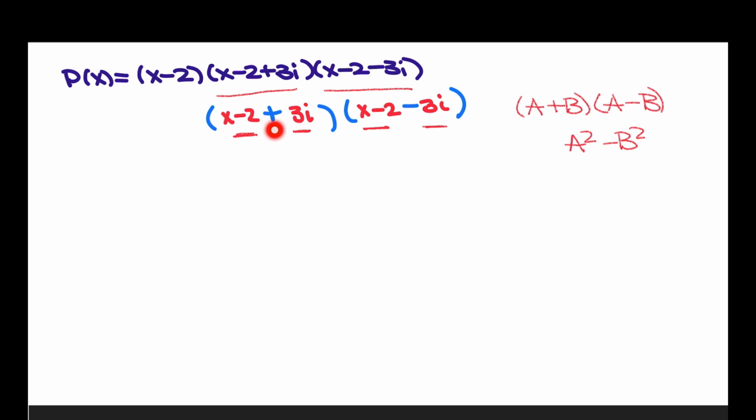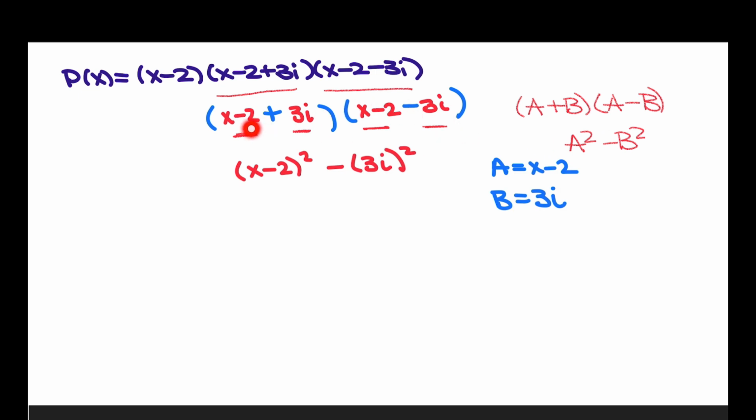The only thing different in these two parentheses is the sign between those quantities. And anytime I multiply a plus bi and a minus bi, I'm going to get that difference of squares pattern, a squared minus b squared. So that means when I multiply these two quantities, I should get the first piece, the x minus 2 quantity squared, minus the second piece, the 3i squared.